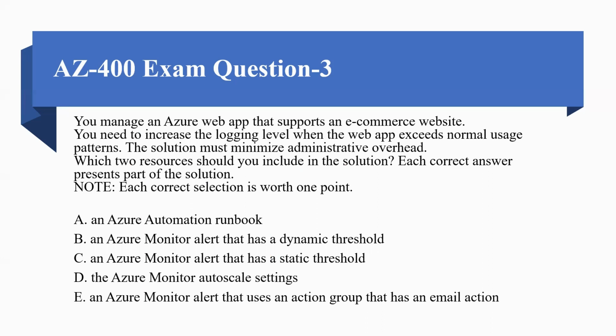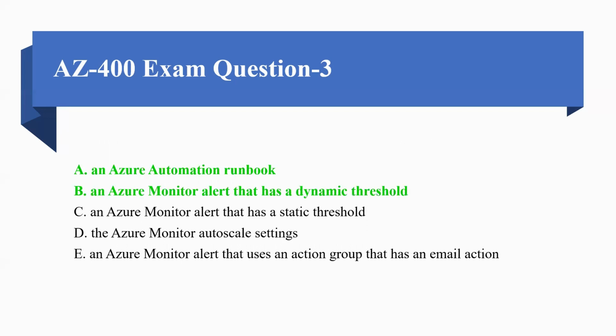Options are: A, Azure Automation Runbook; B, Azure Monitor Alert that has dynamic threshold; C, Azure Monitor Alert that has static threshold; D, Azure Monitor Autoscale Setting; and E, Azure Monitor Alert that uses an action group that has email action. And the correct options would be option A, Azure Automation Runbook, and option B, Azure Monitor Alert that has dynamic threshold.